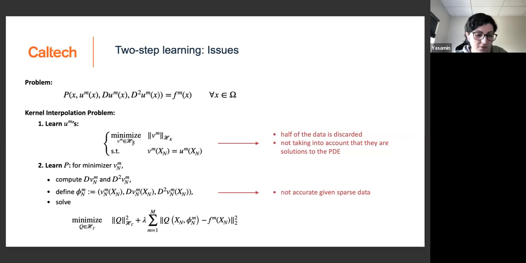Given what we do in this first step, when we move to the second step, because we don't have data on the derivatives, we have to explicitly compute the derivative terms of these approximants. And for the derivative of the approximant to give a good approximation of the derivative of the truth, sparsity would essentially go against this.